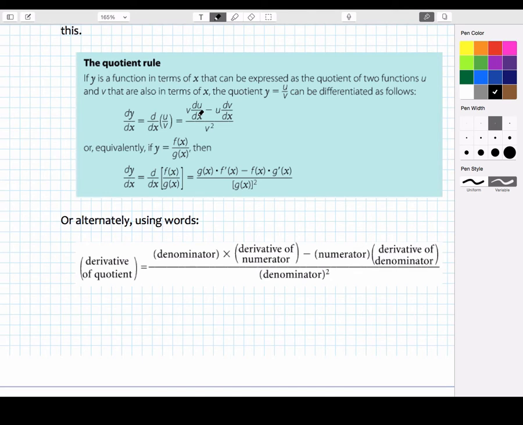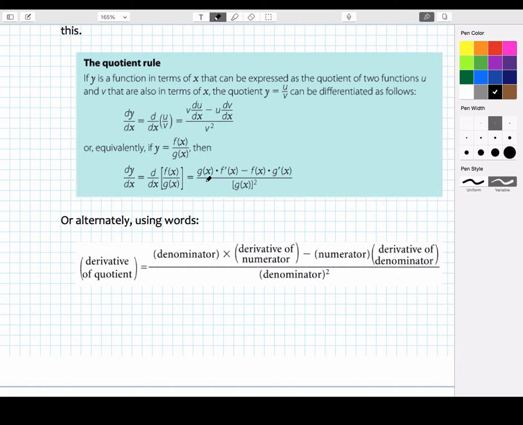So we've got v times du/dx. So v is the denominator times the derivative of the numerator. Very good. The bottom times the derivative of the top, minus the numerator times the derivative of the denominator. What does this remind you of?